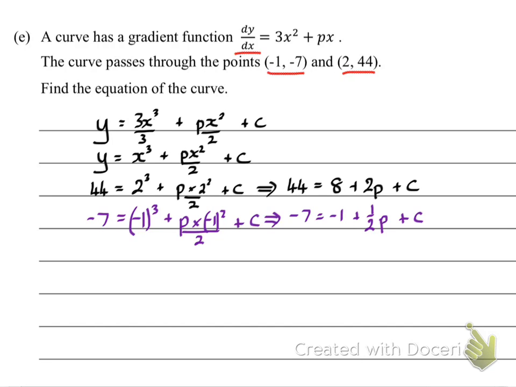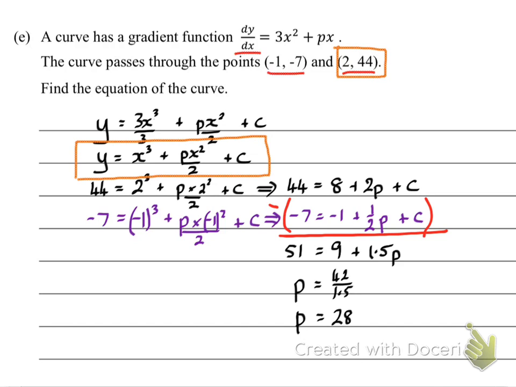Tidy the equation up. Now we have simultaneous equations, which you can solve using your calculator, or you can just subtract one from the other to get rid of the c. We find that 51, because 44 minus -7 is 51, and 8 minus -1 is 9, and you get that, which you can solve for p.